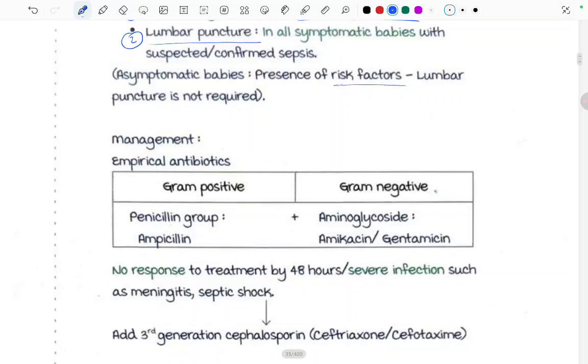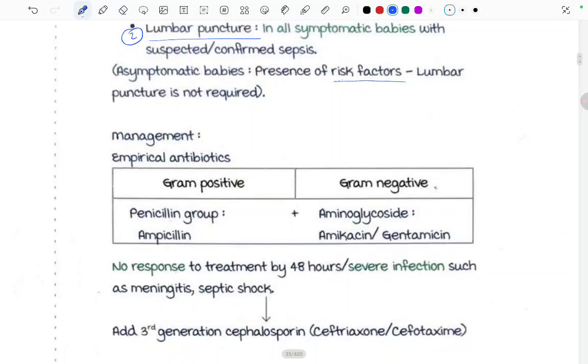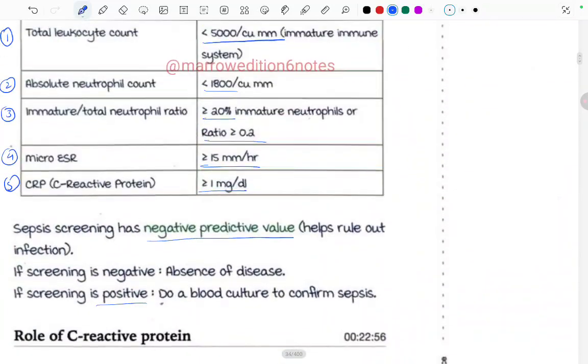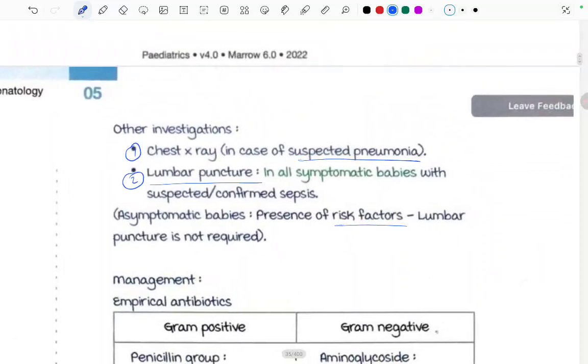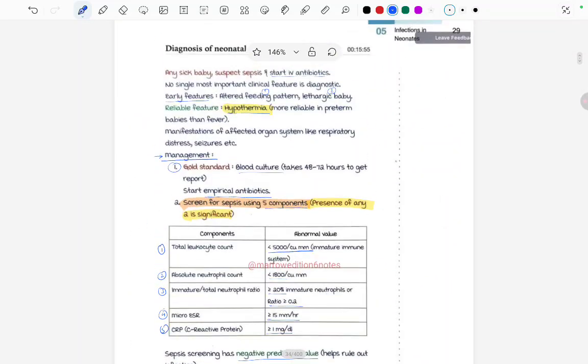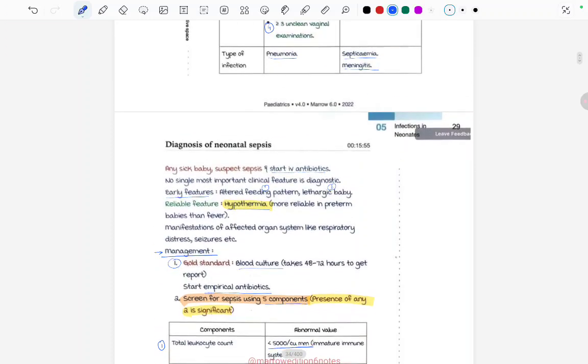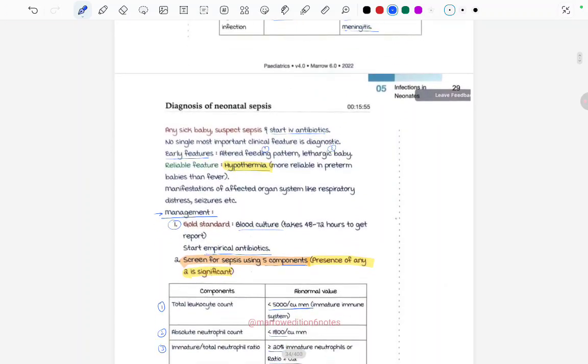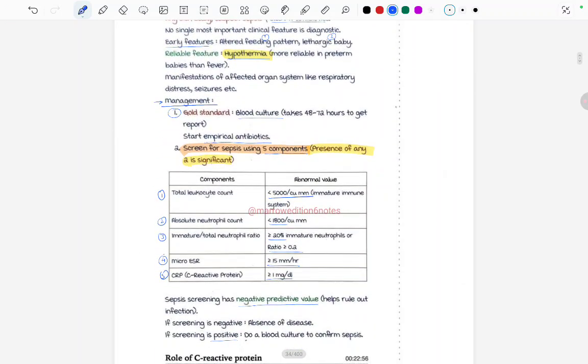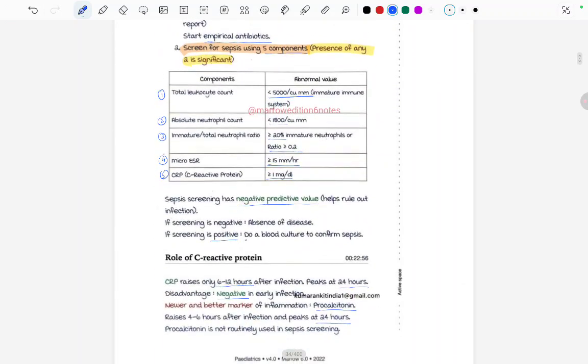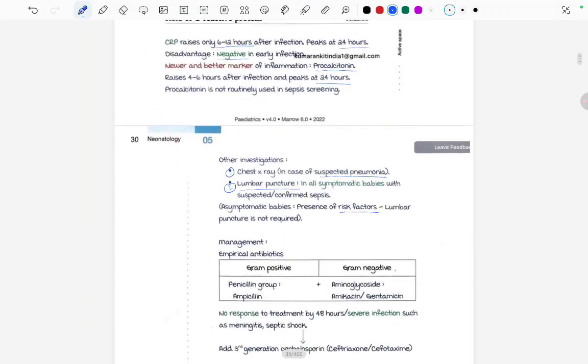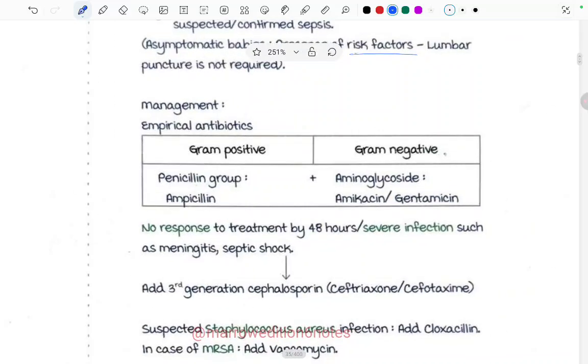Now coming to the management, how are we going to manage this? We first read about the diagnosis, then management. In management, we saw about the gold standard, the sepsis screening and the role of C-reactive protein. Now we are coming to the treatment part.